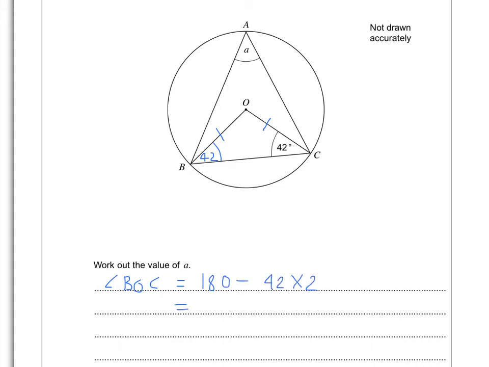This gives us a value of 96 degrees, and then we know that the angle at the circumference is half of the angle at the centre when subtended from the same chord, so angle A is equal to 96 divided by 2, which is a value of 48 degrees.